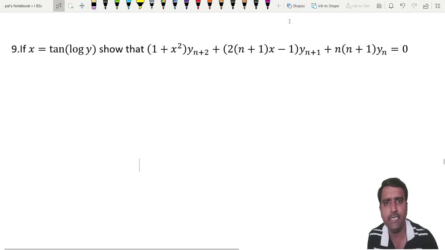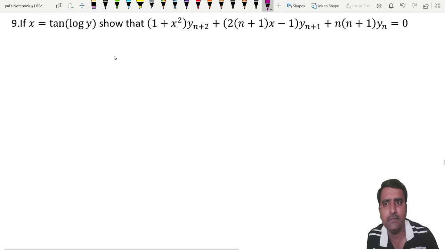Actually, if the given function is in the form y is equal to some function of x, then it is easy to solve. But here the given function is in the form x is equal to a function of y. If possible, try to write this as y is equal to some function of x, then it becomes easy to solve.